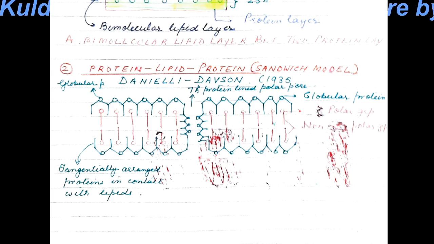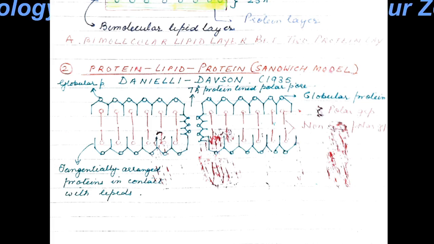Non-polar groups naturally incline away from the ECF and ICF, whereas this model says that the proteins are laid on the top of the bilayer, which is discarded now, and these proteins are tangentially arranged and are in contact with the lipid bilayer.